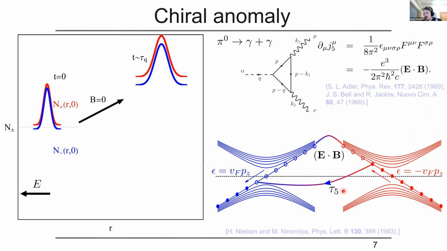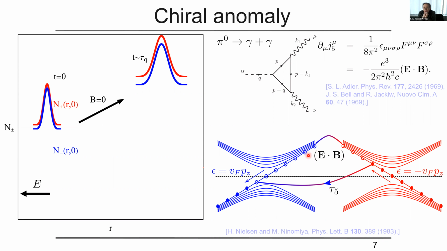Can you show here that this difference is proportional to tau 5? My statement is that the imbalance between right- and left-handed nodes is determined by the electric field, magnetic field, and tau 5.